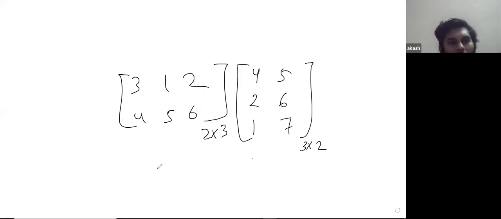Oh, you want to use a calculator on this? Does your school allow you to use the calculator? If yes, then you can. Oh, you want to calculate the matrix multiplication in the calculator, or just the multiplication of the numbers?